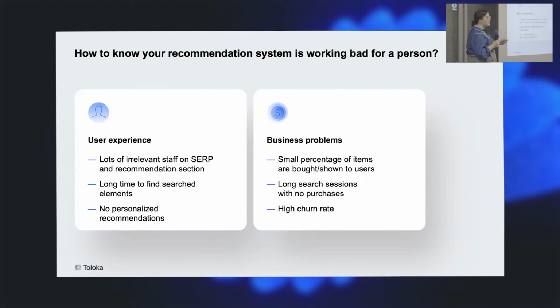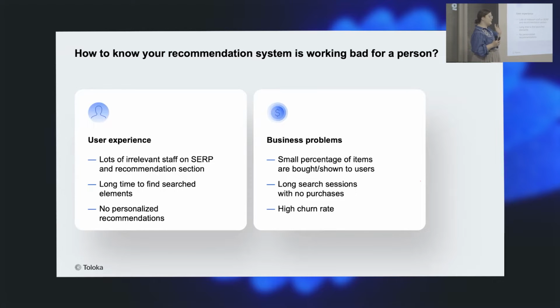But there are companies that come to us. They have a problem, something isn't working, and they are not in this category of companies that I'm telling you about. So we have collected the list of problems that they face because of bad recommendation systems. It's lots of irrelevant stuff on the search engine page and in the recommendation section.